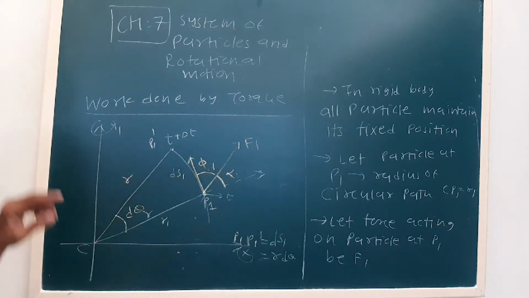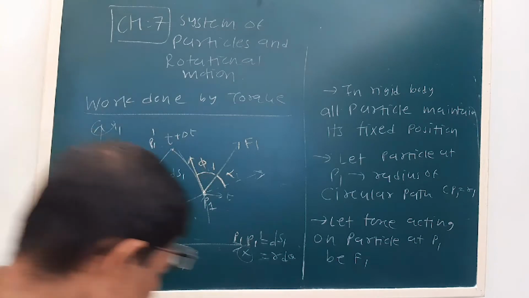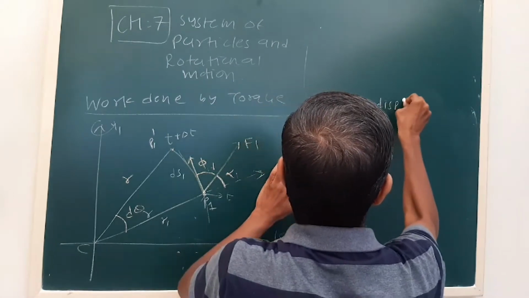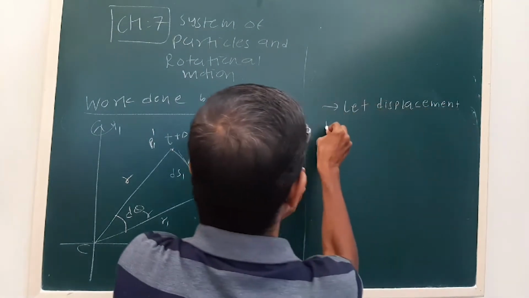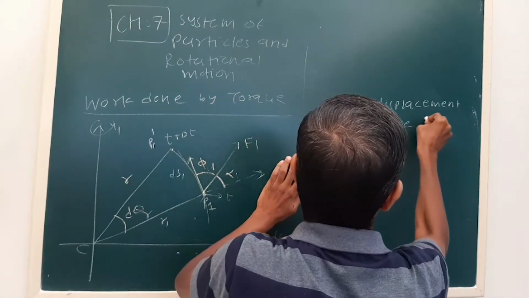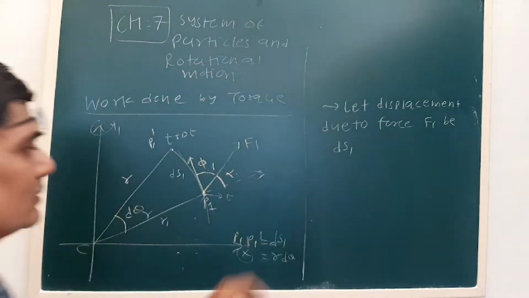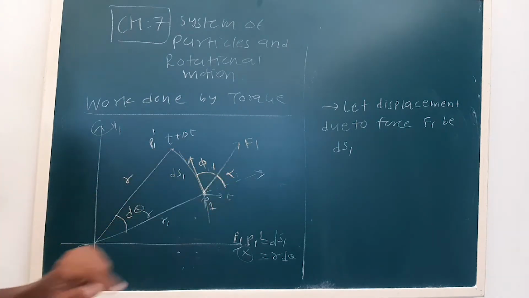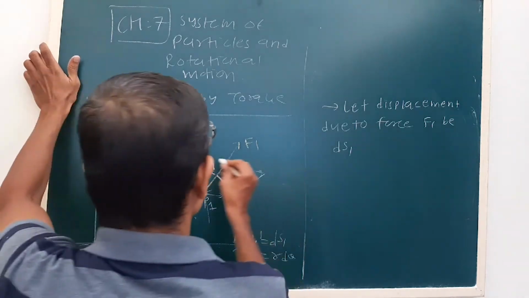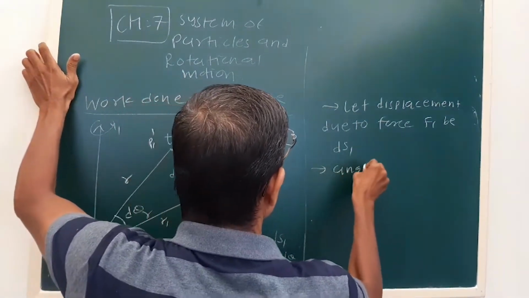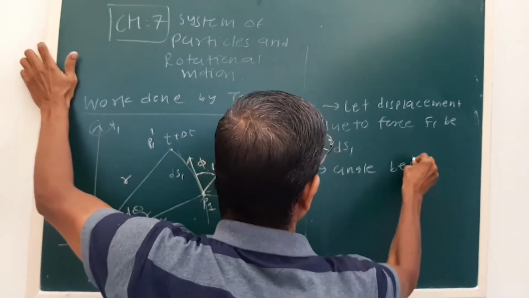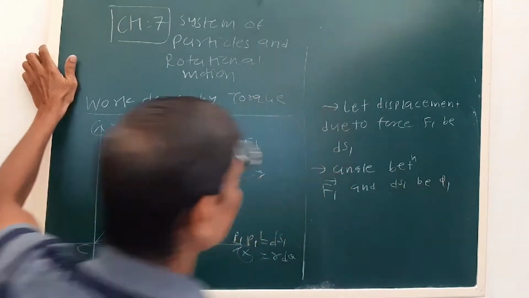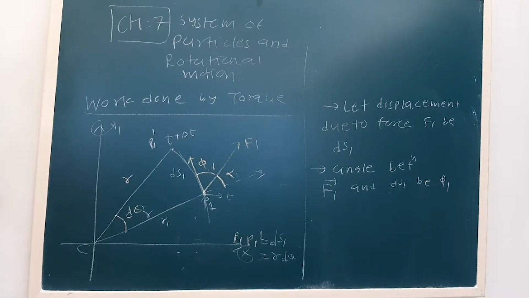Due to this force, let the displacement be ds1. Let the angle between the force F1 and the displacement ds1 be phi 1. Now we have to calculate the work done during this.